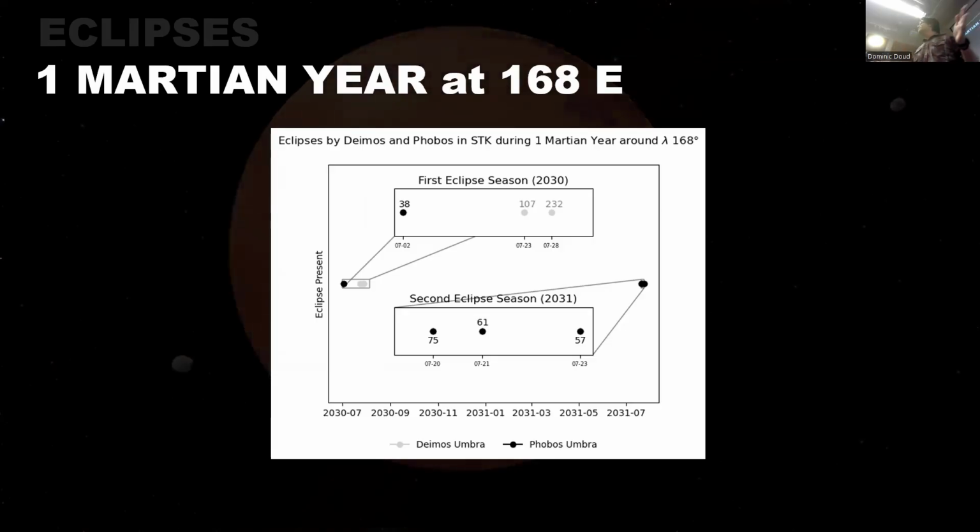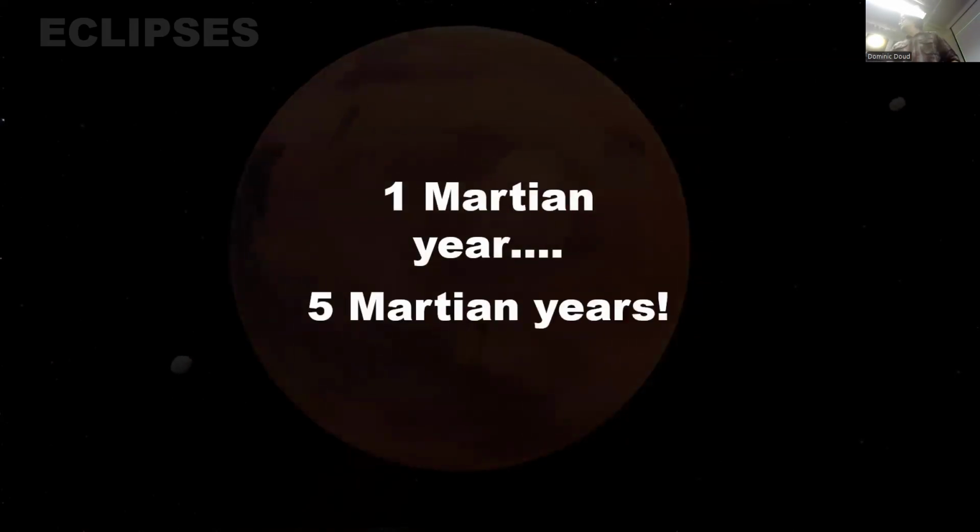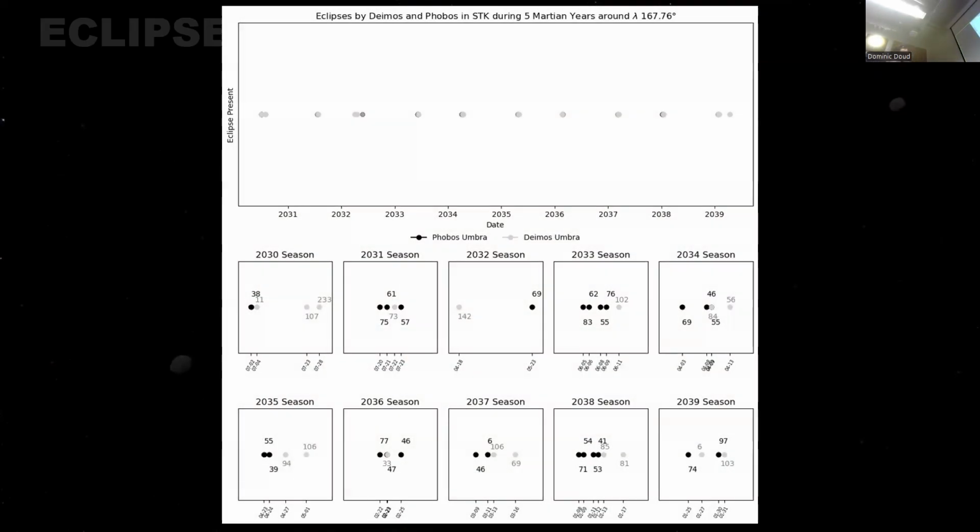But no, again, these missions are not lasting 1 Martian year. They're lasting multiple years. So 1, let's go to 5. Let's see what happens. Let's jump straight to it. Whoa. That's a lot. But what's really exciting is how many there are. The top plot is the overall view over 5 Martian years.